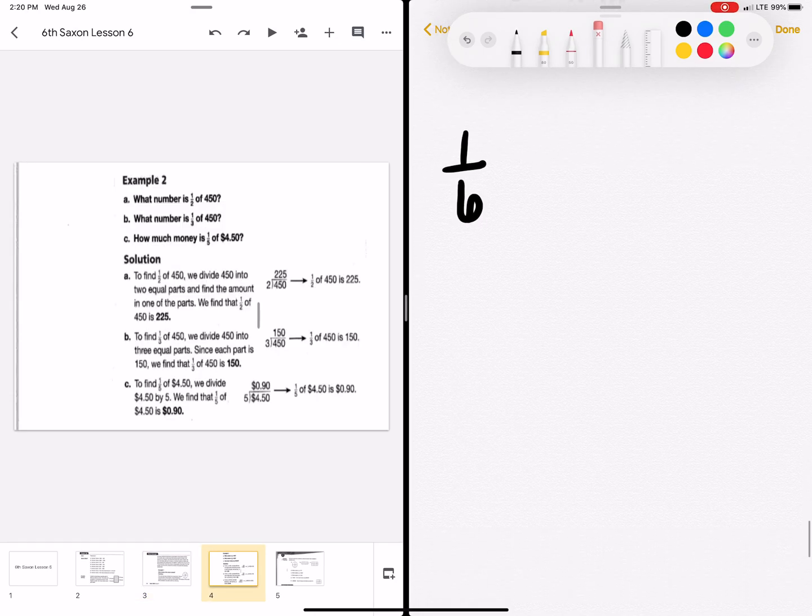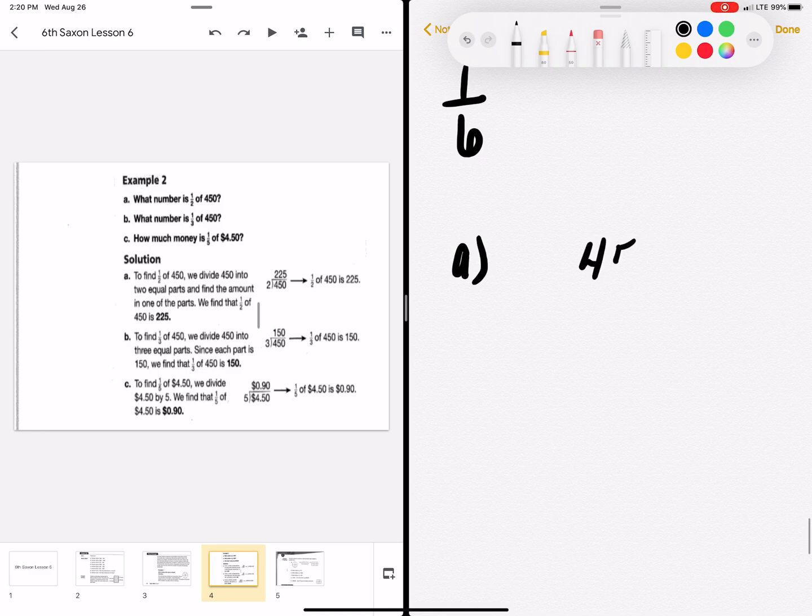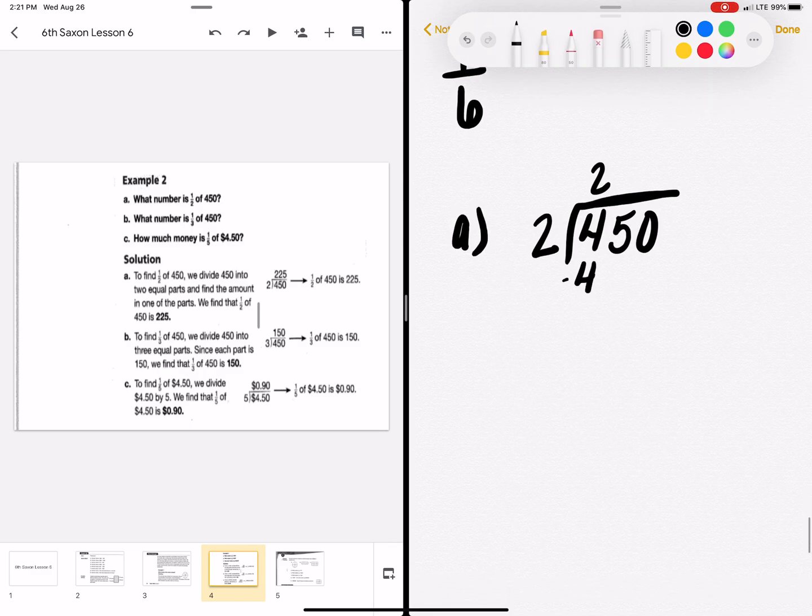Example 2, what is 1/2 of 450? So you will see questions like this on your homework, and you're like, oh, how do I find that? You just divide by the denominator. So 450 divided by 2, 2 goes into 4 2 times. If you multiply 2 times 2, you get 4.